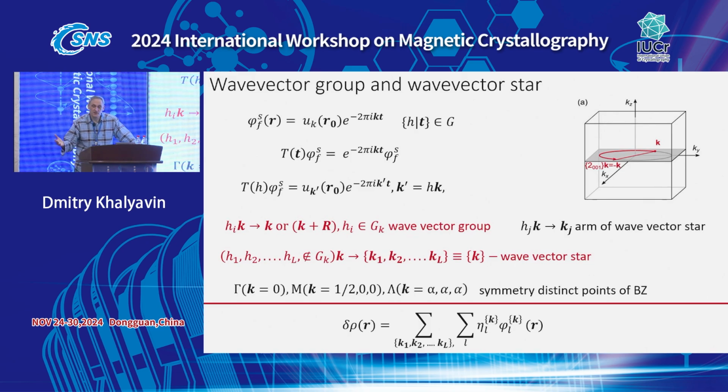So we can have a multi-K structure. And multi-K is not only about magnetism; any structural distortion can be multi-K as well. So this decomposition shows that in the general case we can have several arms or the full star in the decomposition of these distortions.